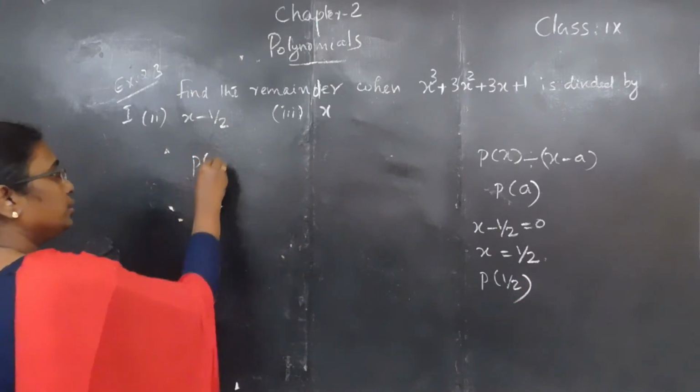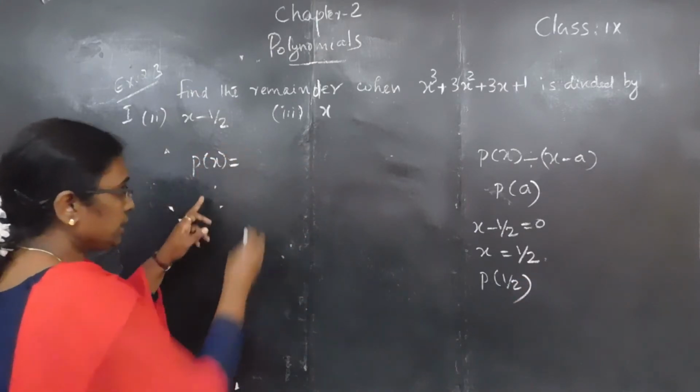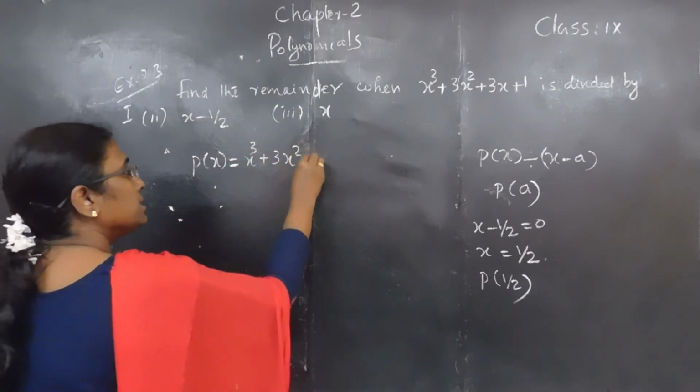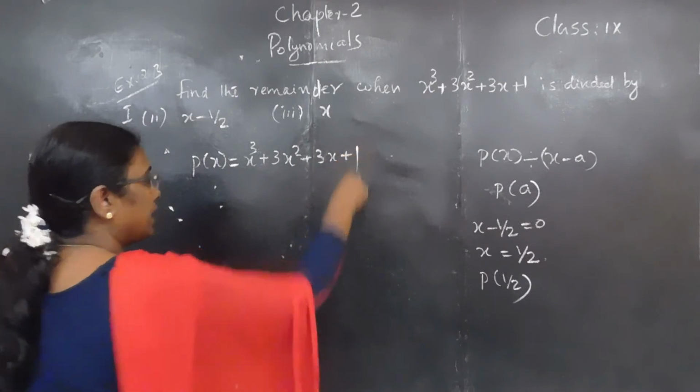So, p(x) equal to x cube plus 3x square plus 3x plus 1.